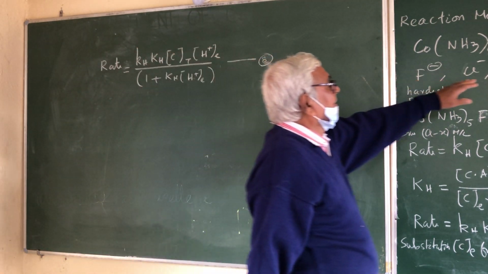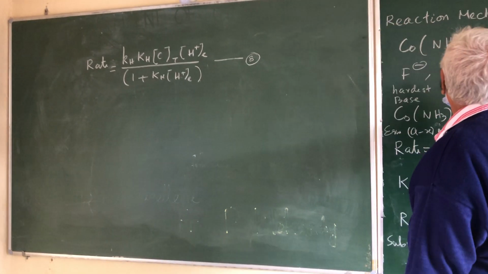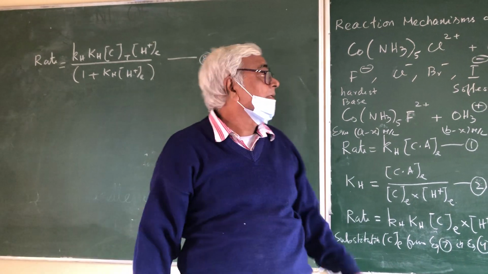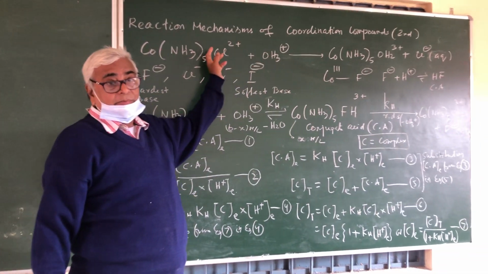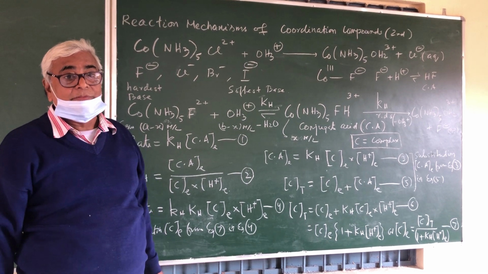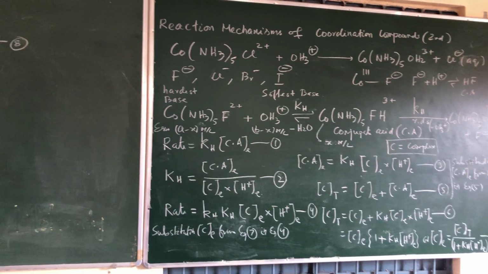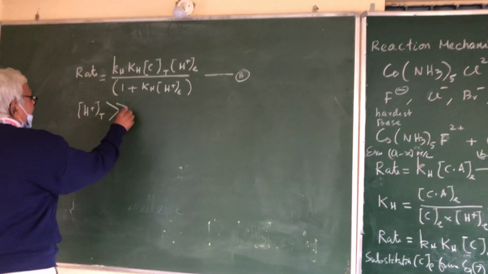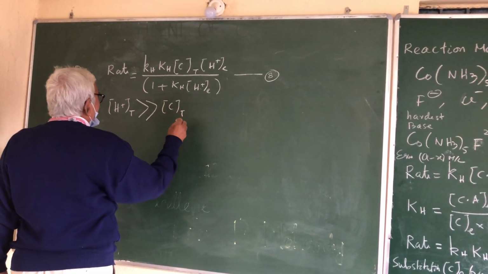The concentration of acid is much greater in comparison to the concentration of the complex, because you have to maintain pseudo first order condition. So here the hydrogen ion total is far greater than the complex total.